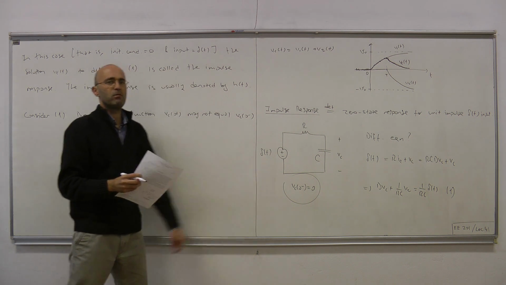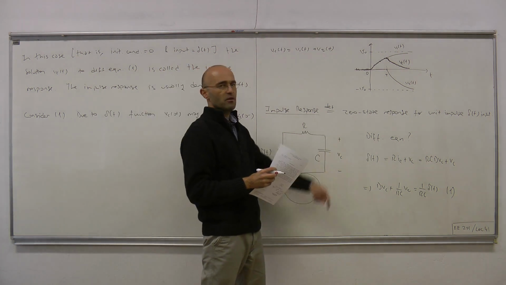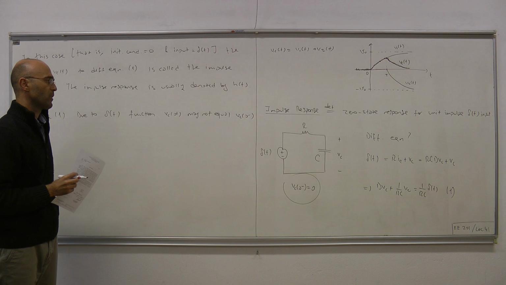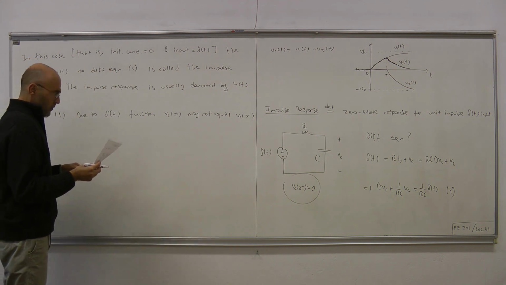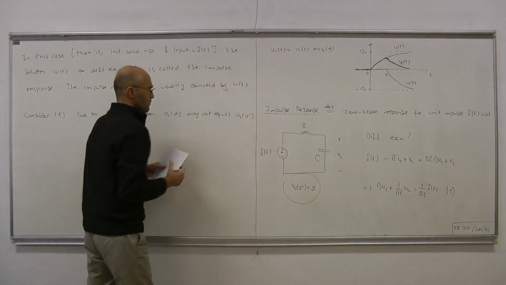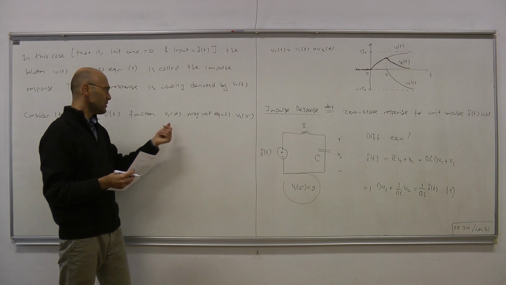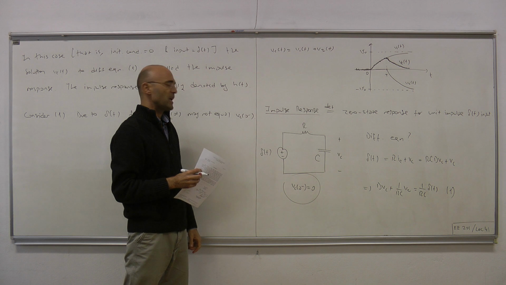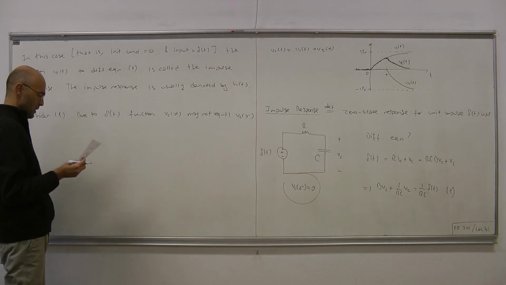Because this impulsive input may create some impulsive currents, and whenever the current passing through a capacitor is impulsive, then we should expect jumps in the capacitor voltage. Since we know Vc(0 minus), but we don't know whether Vc(0 plus) will be equal to Vc(0 minus) or not, we expect jumps because we have an impulsive input in the picture.